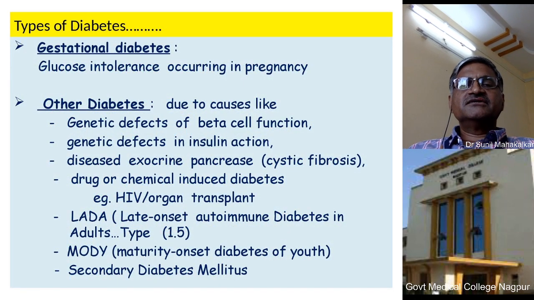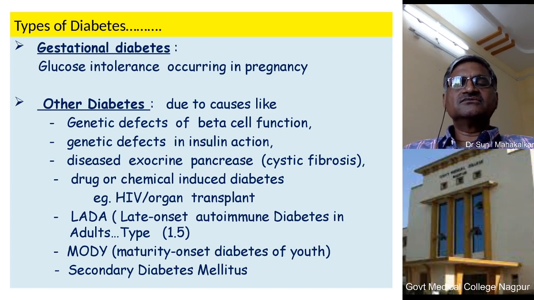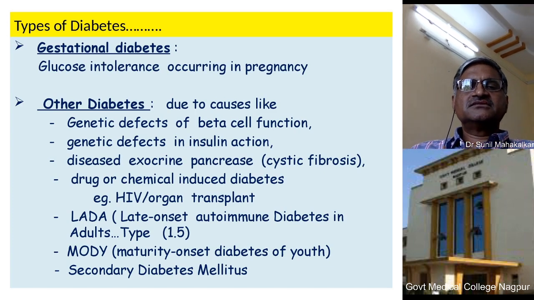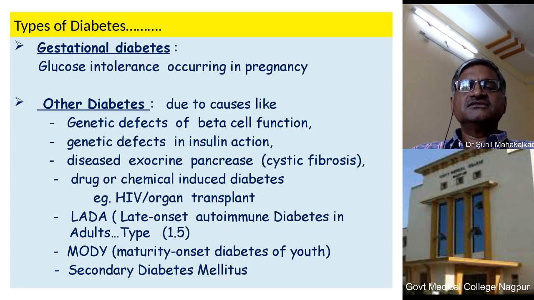Now then, another diabetes is gestational diabetes. This occurs during pregnancy. There is glucose intolerance in pregnancy. Other diabetes types may be because of genetic defects of the beta cell function. There may be genetic defects in the insulin action.